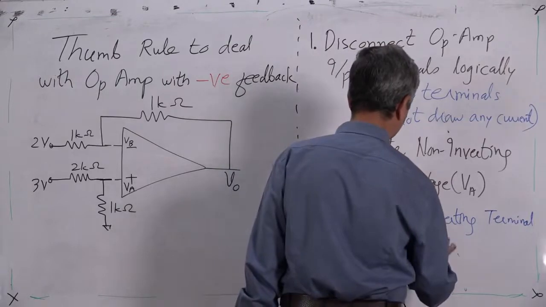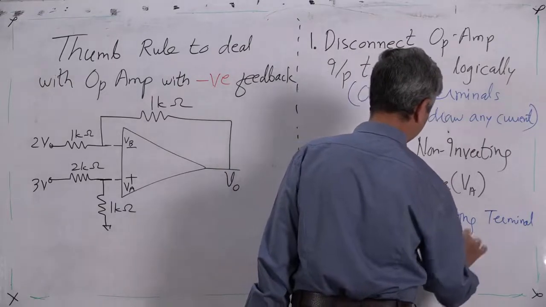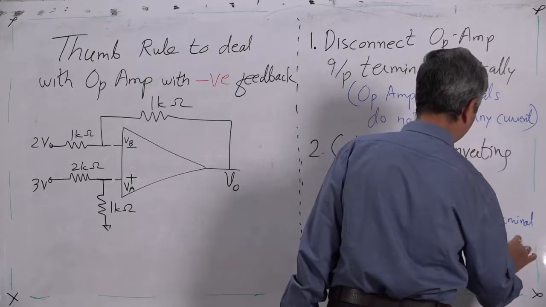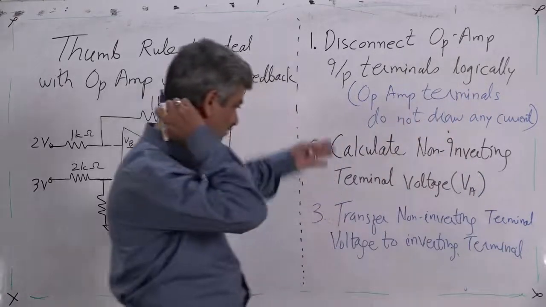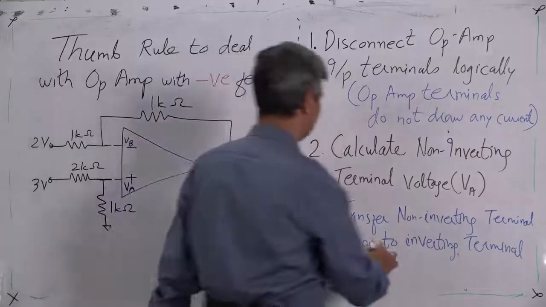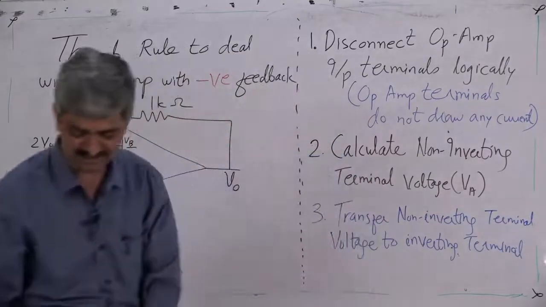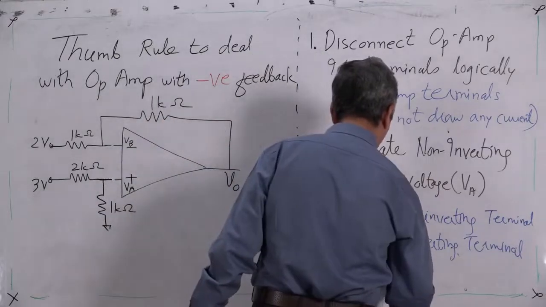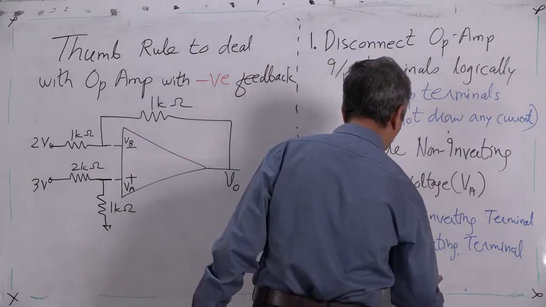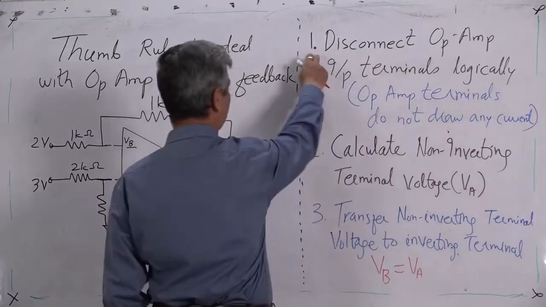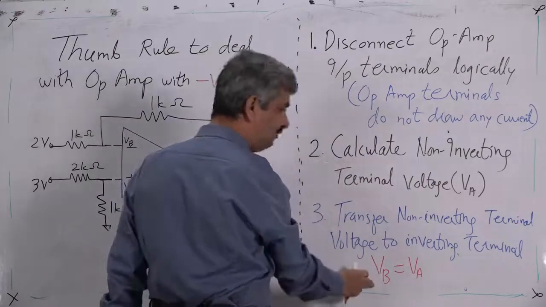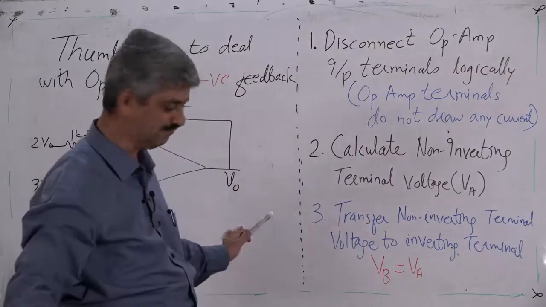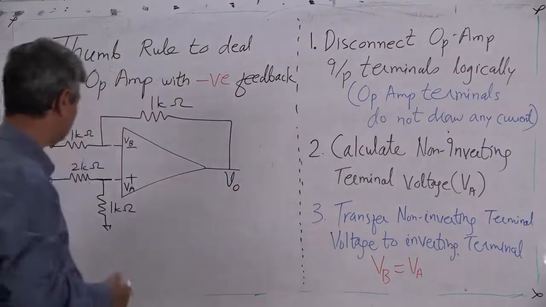What exactly do you have to do? Whatever is told by this long sentence, I tell in a single statement: have VB equal to VA, that's all. So disconnect op-amp terminals, calculate VA, have VB equal to VA. That's very simple.